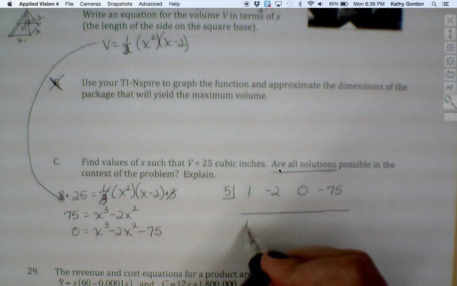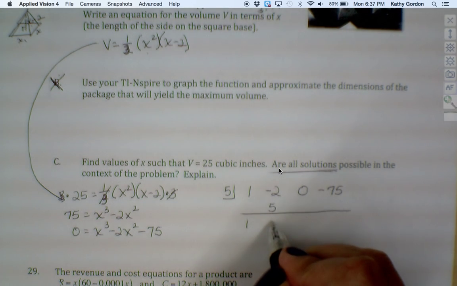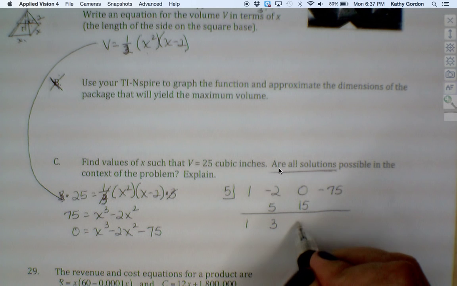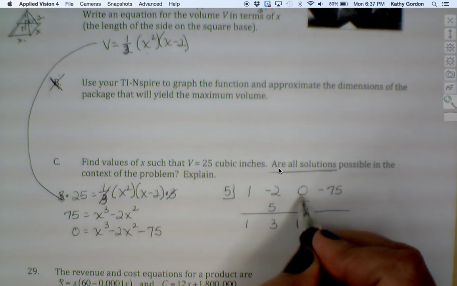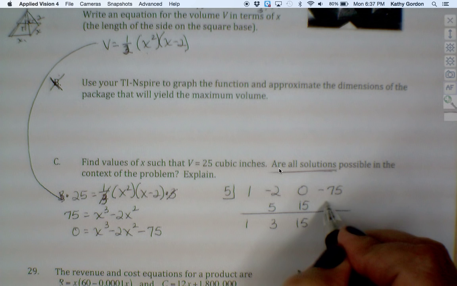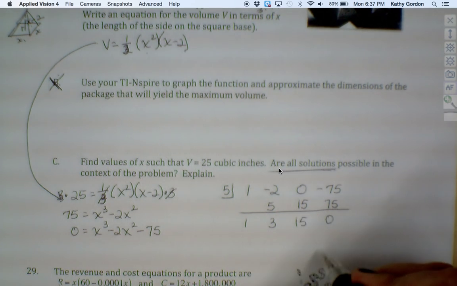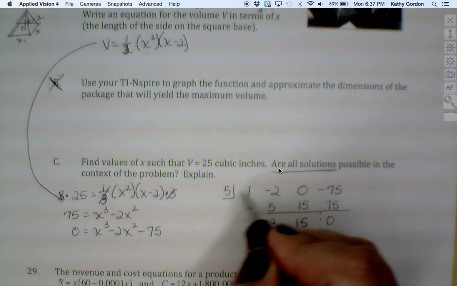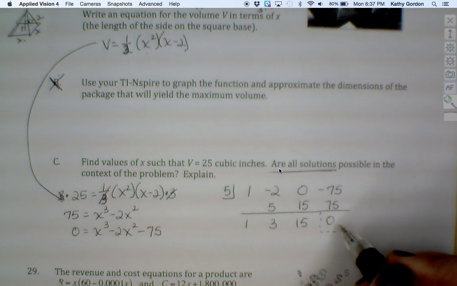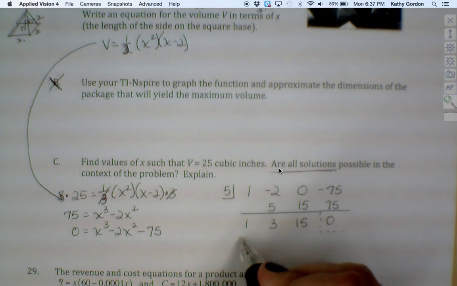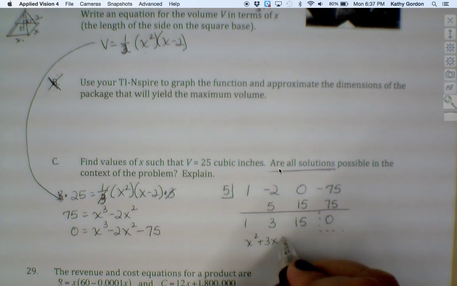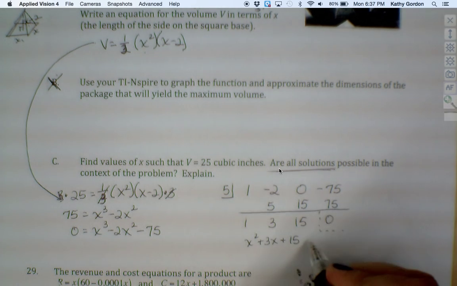And then we'll bring down 1, multiply to get 5, add to get 3, multiply for 15, add and get 15 because it's just adding to 0, multiply to get 75, add to get 0. So it does show that 5 really is one of the roots, and it gives us x squared plus 3x plus 15 as a result.